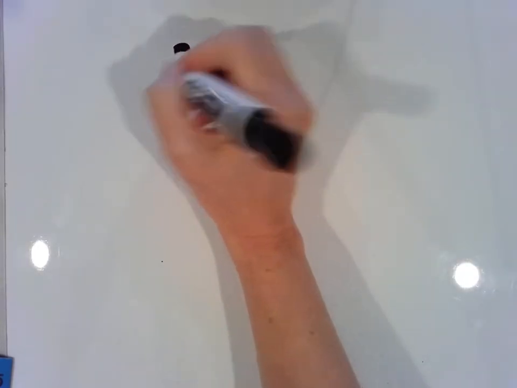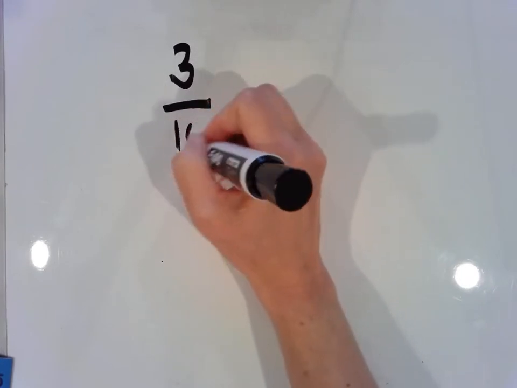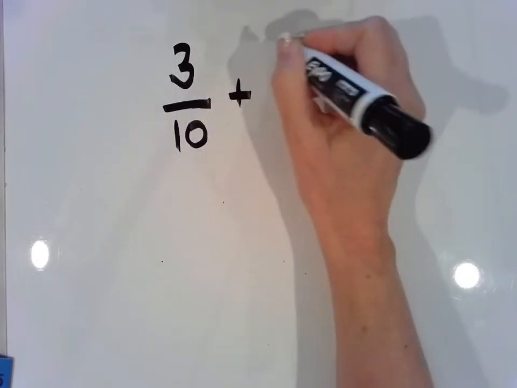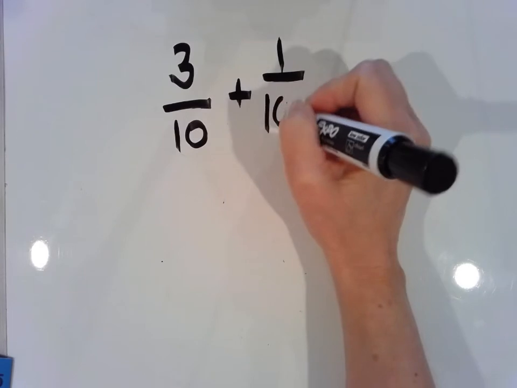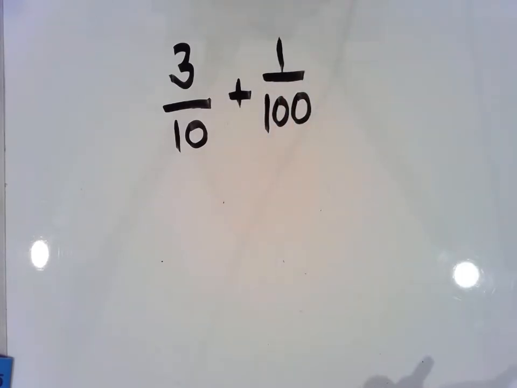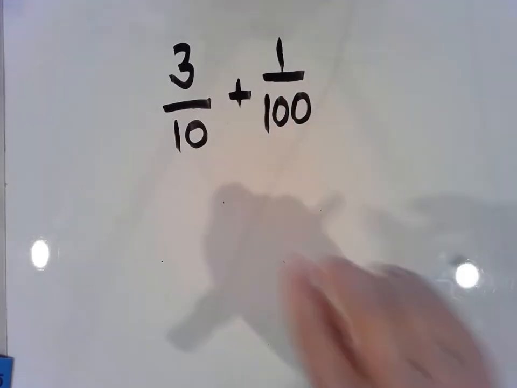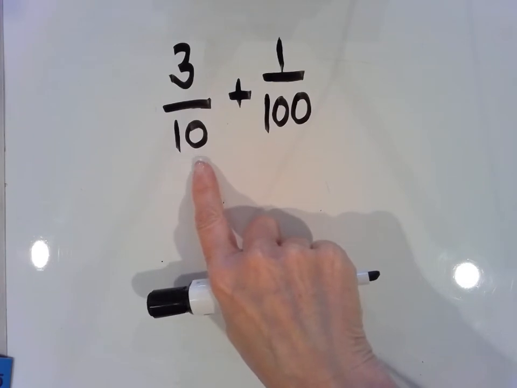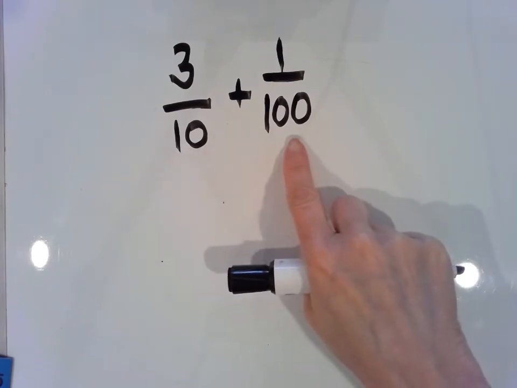So, for example, if I have 3 tenths plus 1 hundredth, look at that for a second. The tenth pieces are different from the size of the hundredth pieces. Think back to that cookie.